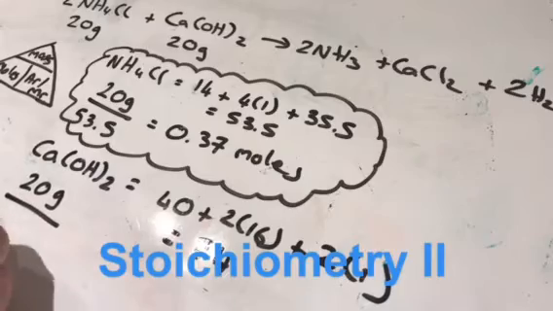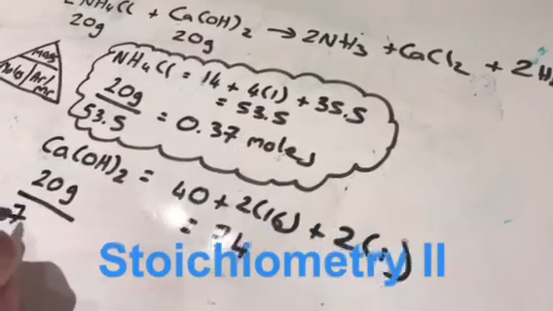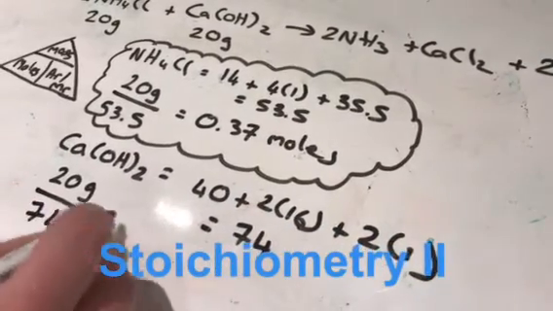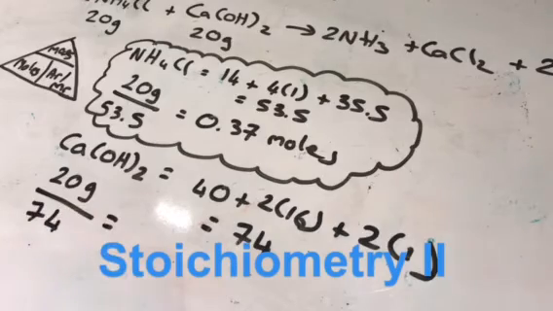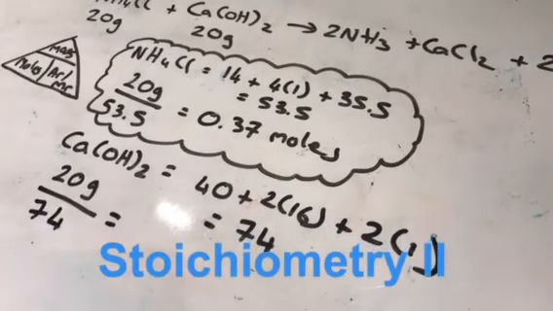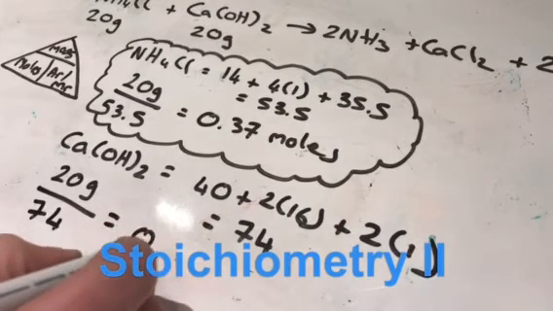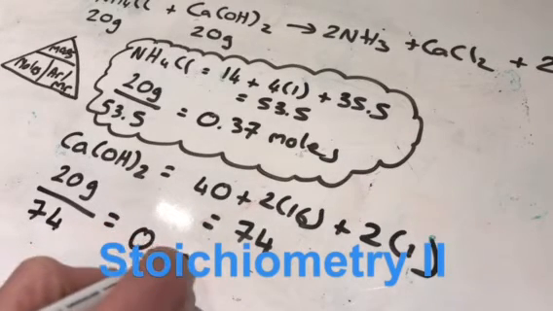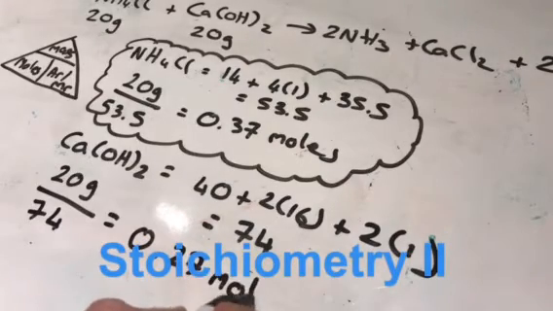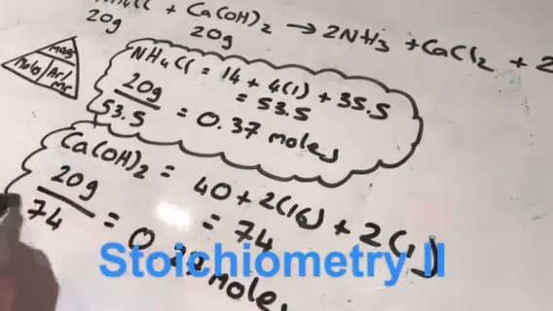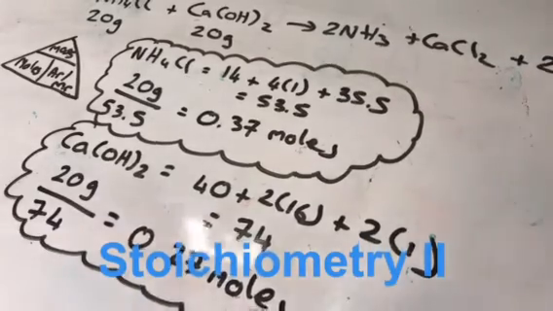So it's going to be 20 grams divided by 74 grams, and that will tell us our number of moles of calcium hydroxide. So when you put that in, we get 0.27 moles.